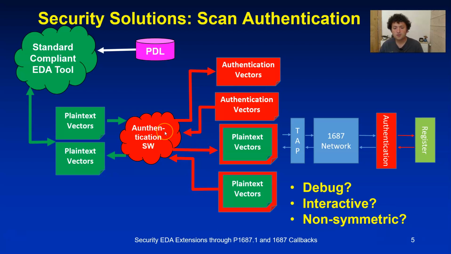So your authentication software in the middle is doing even more complex steps, and your standard tool will be in a big problem of doing any type of direct access to your system. Once more, if you need to make some debug or some interaction, or if you have, once more, non-symmetric setups where your authentication may change over time.